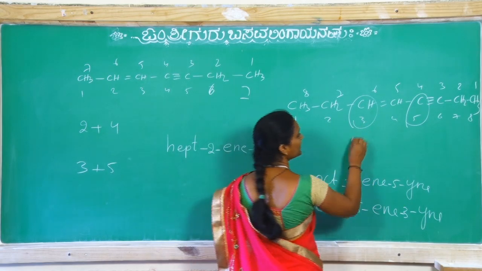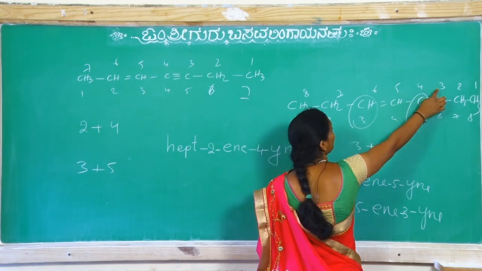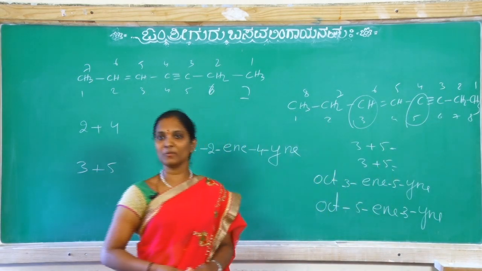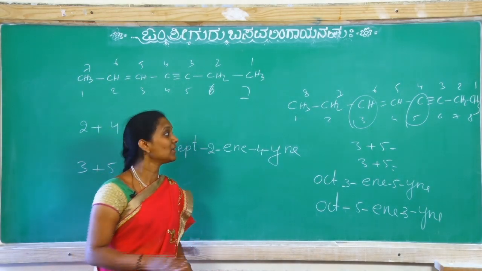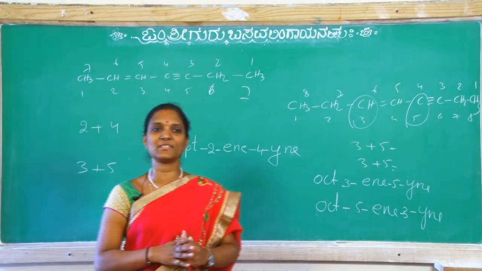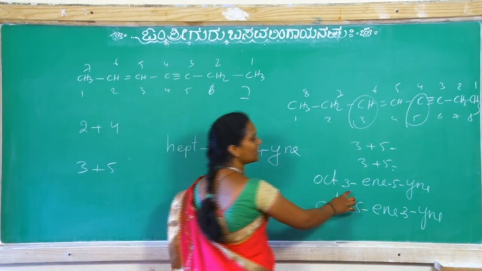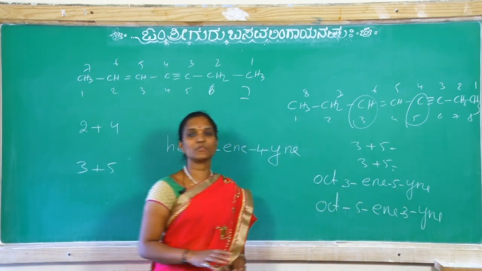Take this sum, 3 plus 5, and the other sum, 3 plus 5. Now in the given compound, double bond and triple bond are both present, and from this side and that side we are getting the same sum. Then which is the correct answer? Is 3-ene-5-yne correct, or 5-ene-3-yne correct? Which one is correct?